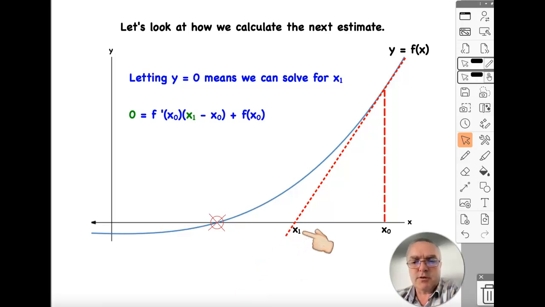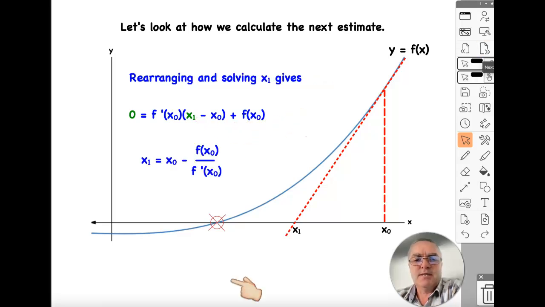So when we substitute x1 and y equals 0, this is our equation, and we want to solve that equation for x1. And so basically rearranging and solving for x1 gives us this equation here. And so in one calculation, we can find our next estimate.